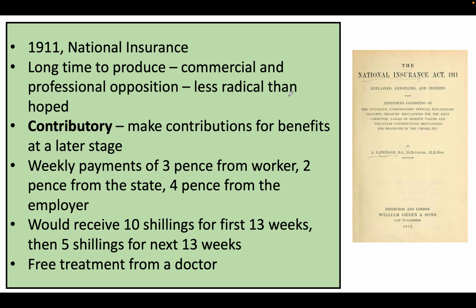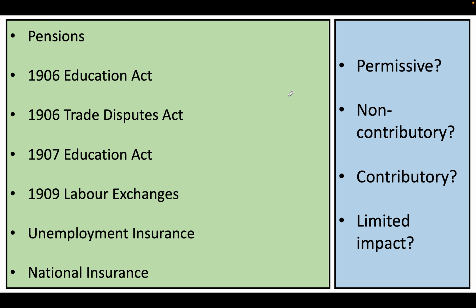So, these are the major social reforms that I need you to know about. In a couple of lessons' time, I'm going to do a carousel do now where I ask you in detail to lay out the pros and cons of each of these attempts at social reform.